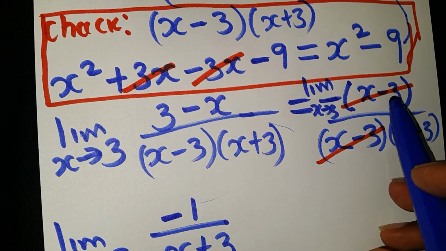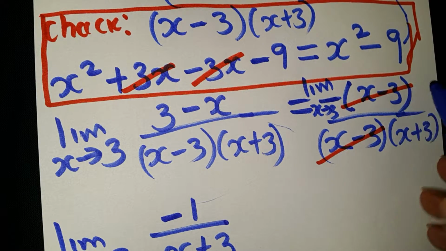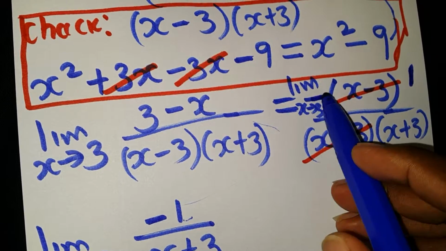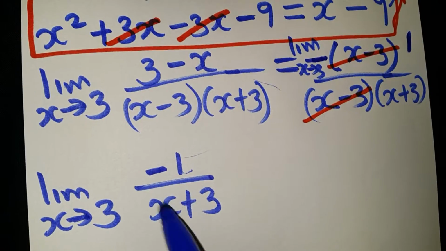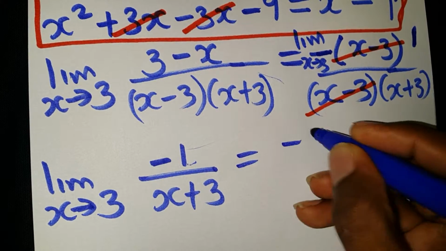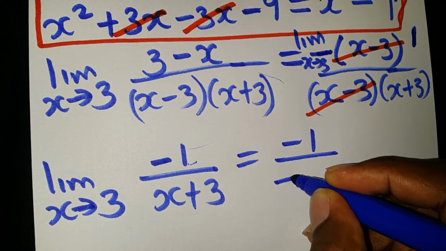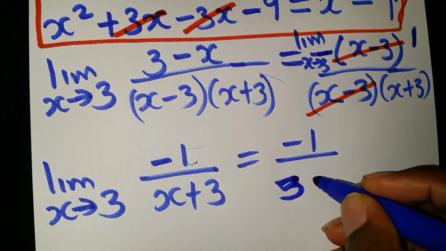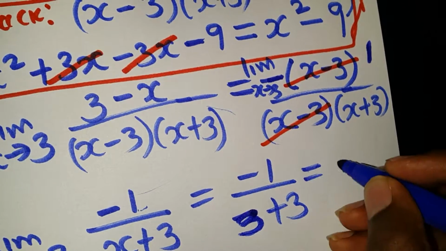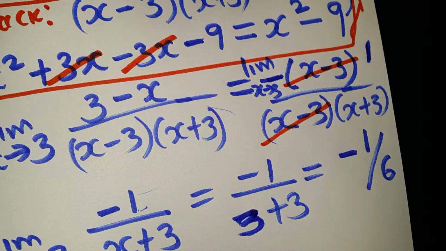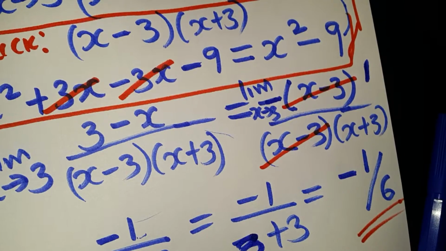The x minus 3 will cancel, so we have 1 here, and we have negative here. We have negative 1 divided by x plus 3. So we can now replace our x with 3. We have minus 1 divided by 3 plus 3. So our final answer will now be minus 1/6. So that's our answer.